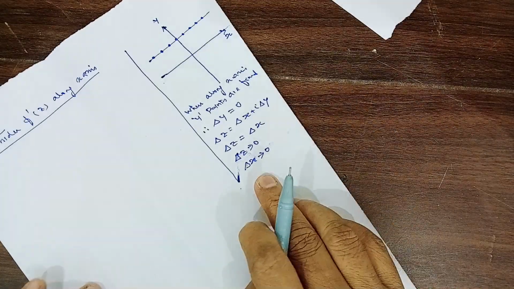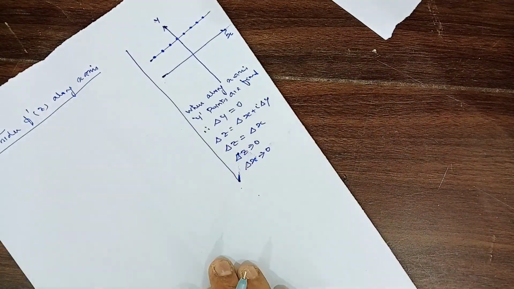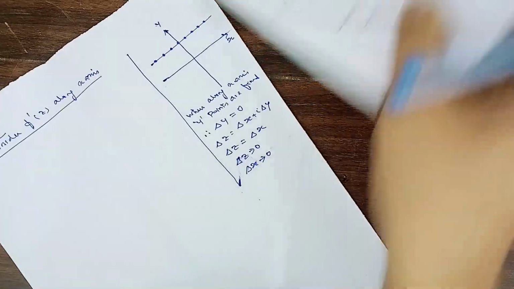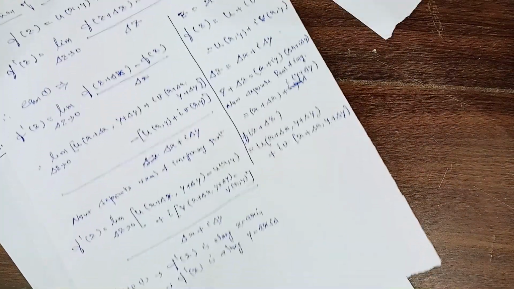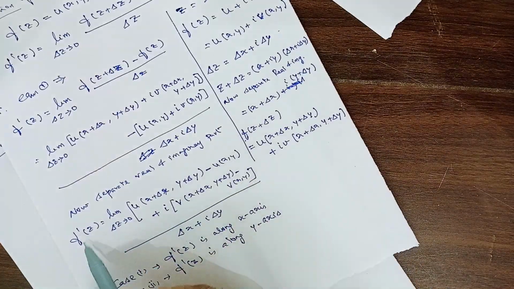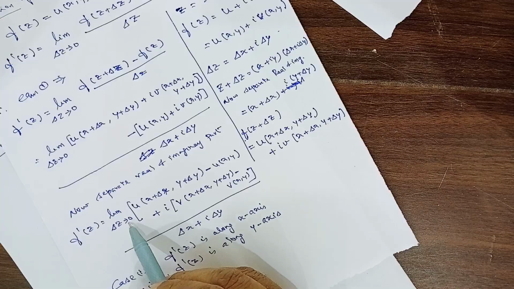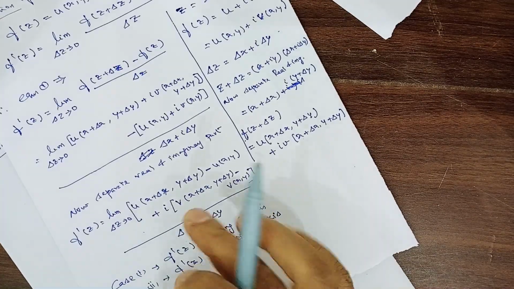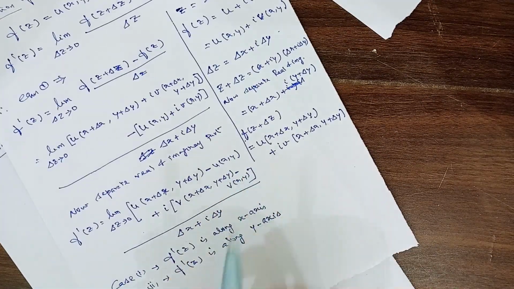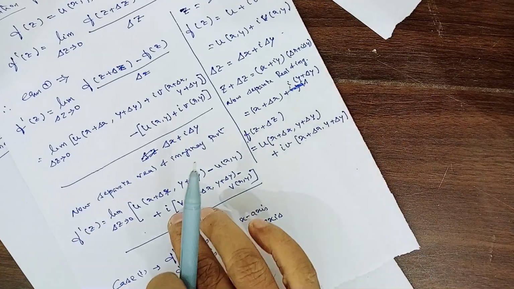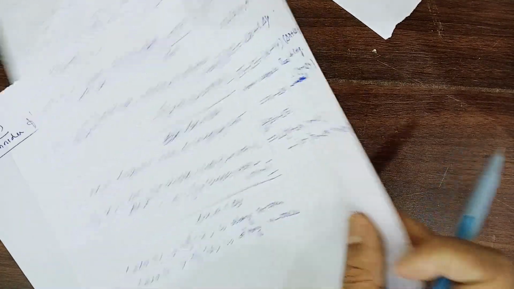Okay. So now you apply this condition here. We know the earlier equation, that is f dash of z is equal to limit delta z tending to 0 of this equation. In this equation, now we will apply the condition.